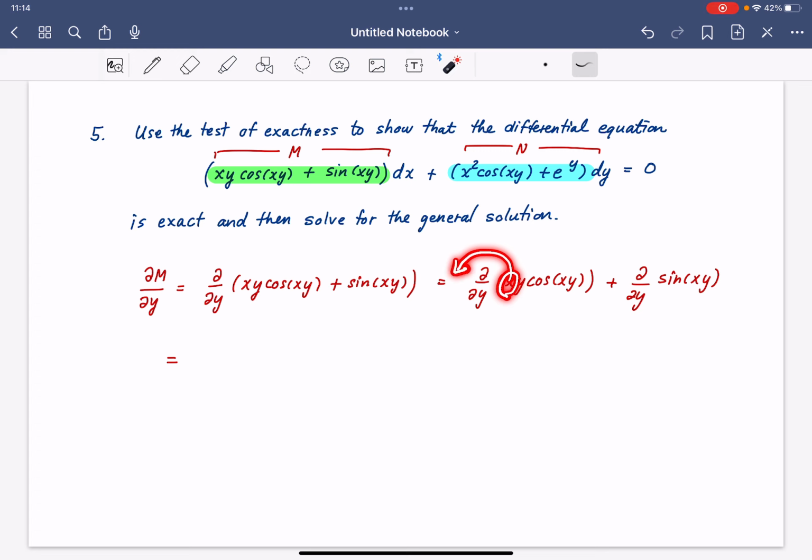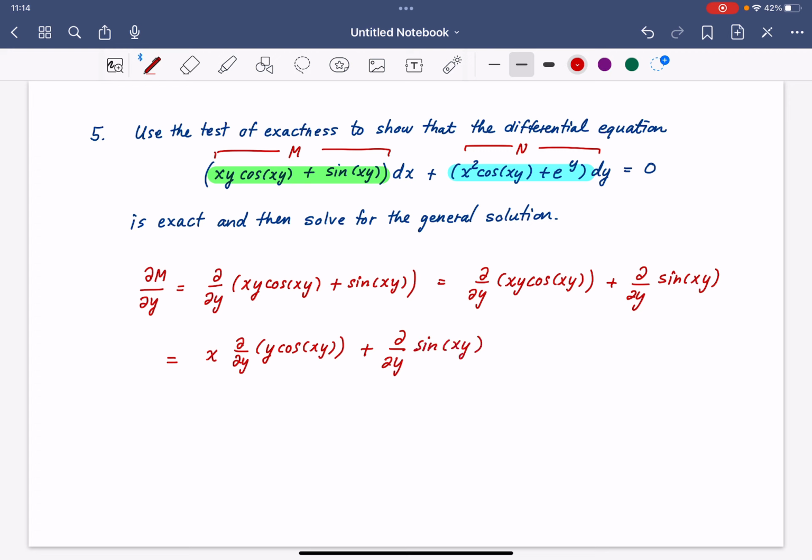Because x is constant, it's going to be x differentiate y times cosine xy. And then on the second term, keep this one first because there's no constant over there. So I pull out x because that x is like the constant. And then now I differentiate this one.